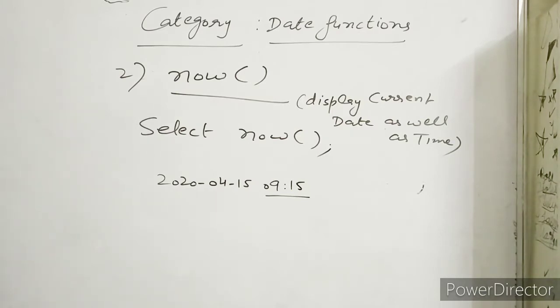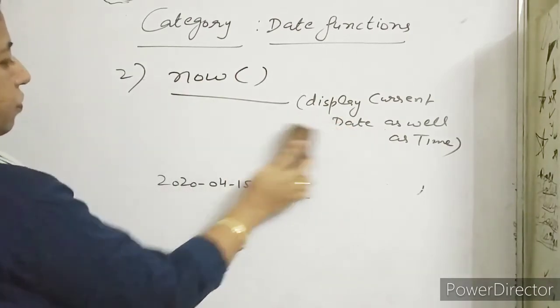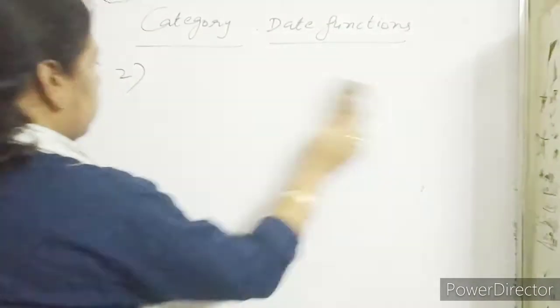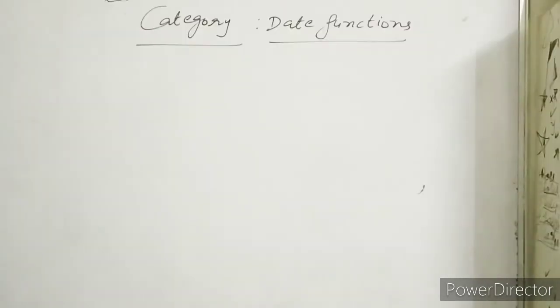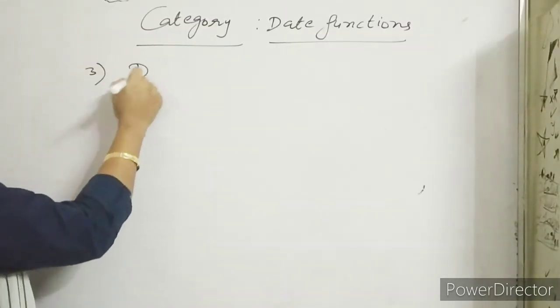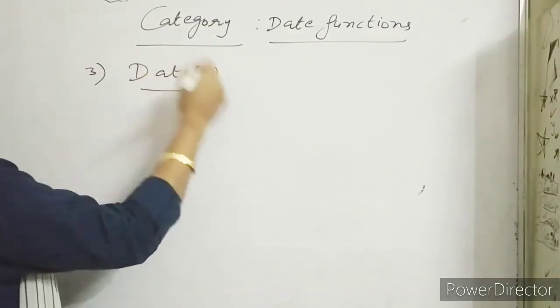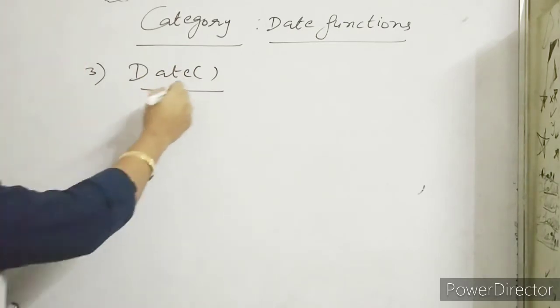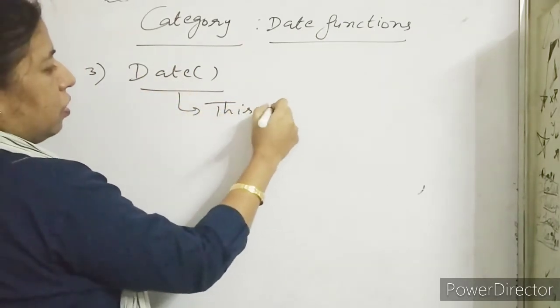Next function, the third function, is date. What does this function do?